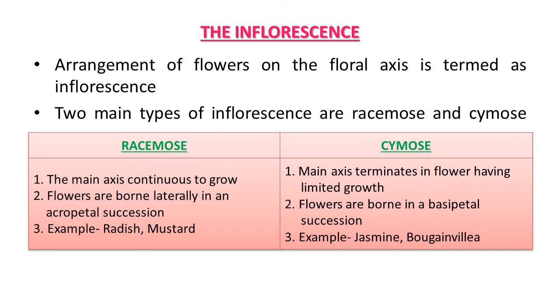Some common examples of racemose are radish and mustard. In cymose inflorescence, some common examples are jasmine and bougainvillea. So basically inflorescence is divided into two types, racemose and cymose.